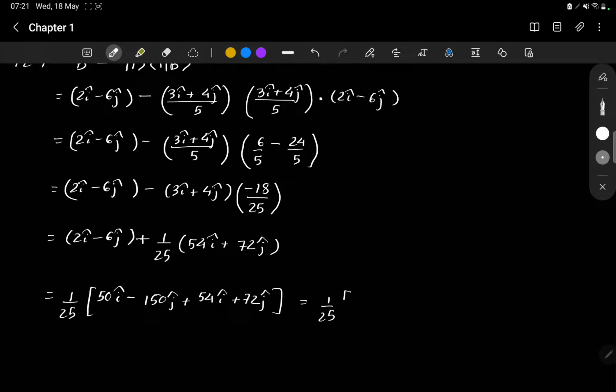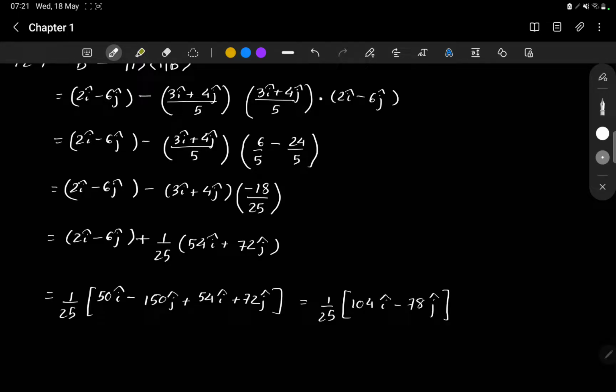Simplify: 50 plus 54 gives us 104 i cap, and 72 minus 150 gives minus 78 j cap.